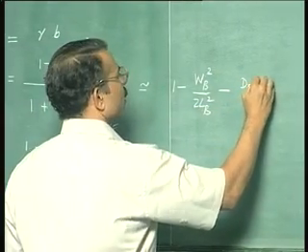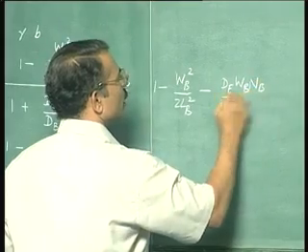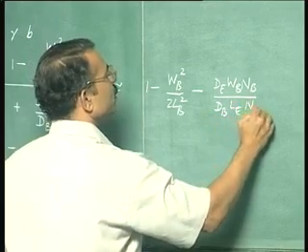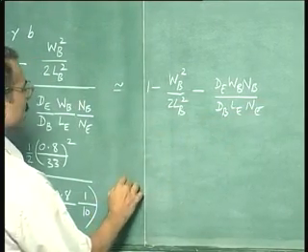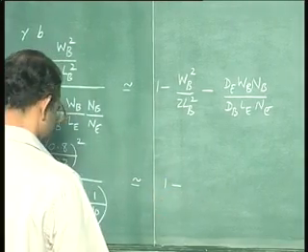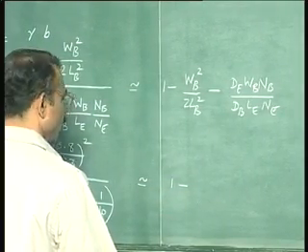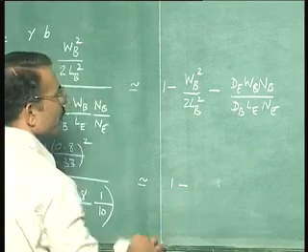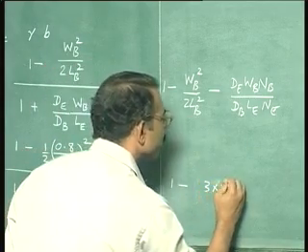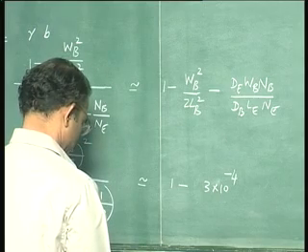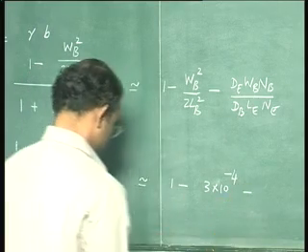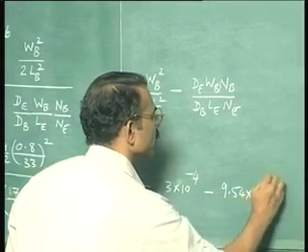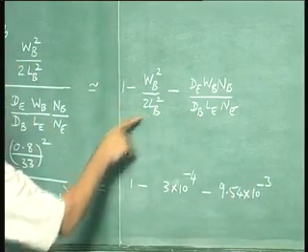So you can use that here and you will get approximately 1 minus, the first term here is 3 into 10 power minus 4, minus the second term is 9.54 into 10 power minus 3. So this term is more than this term, that is what you can see from here.